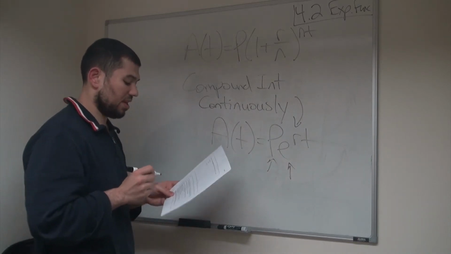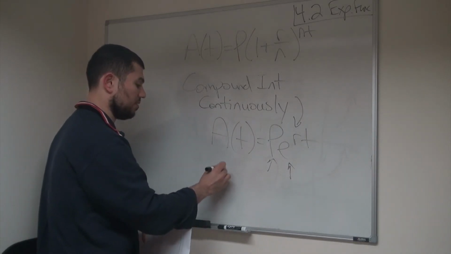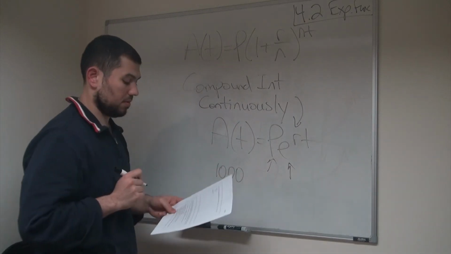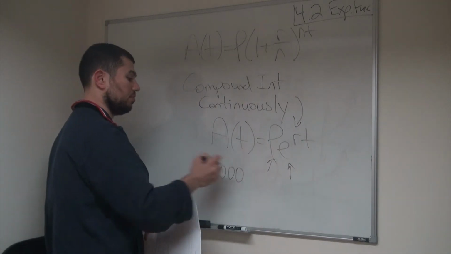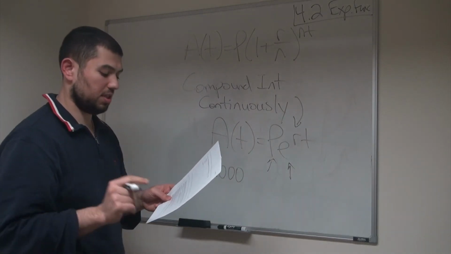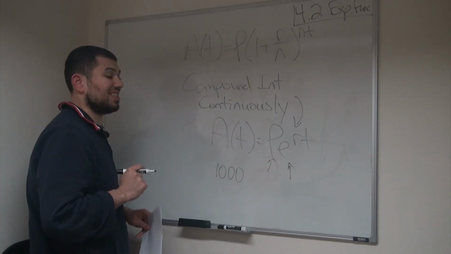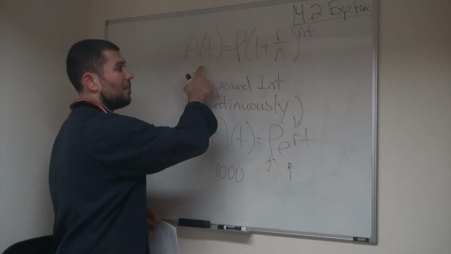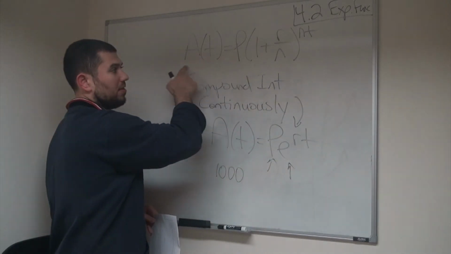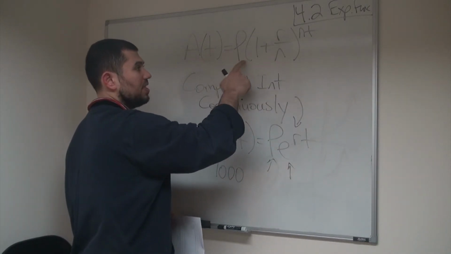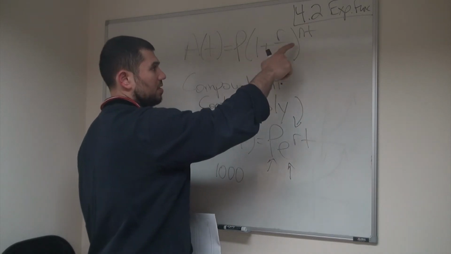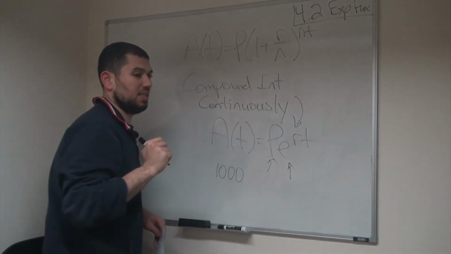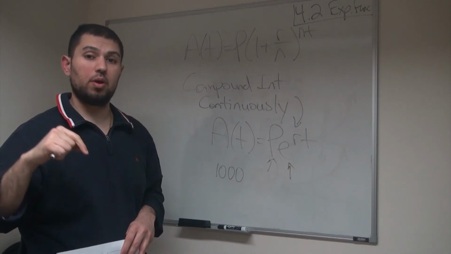So if I put in $1,000 into John's account, that's the principal. That's how much money goes into the account. It's invested at 12% a year compounded continuously. I'm not going to use my standard compound interest formula, p times 1 plus r over n, close parentheses to the power nt, like we did in 4.1.